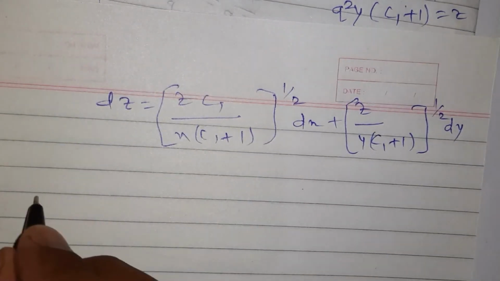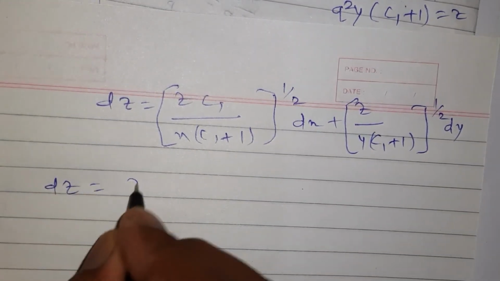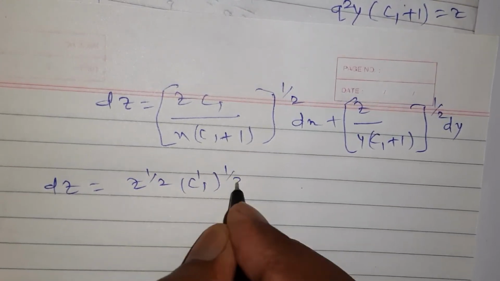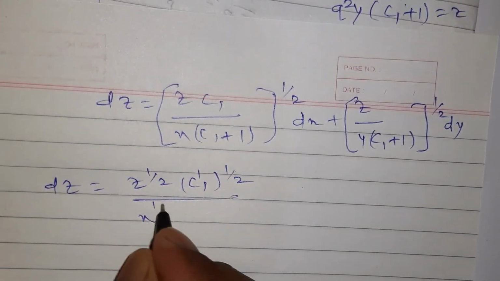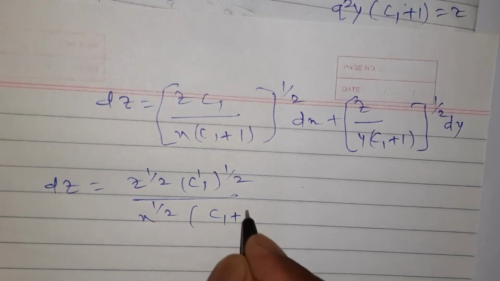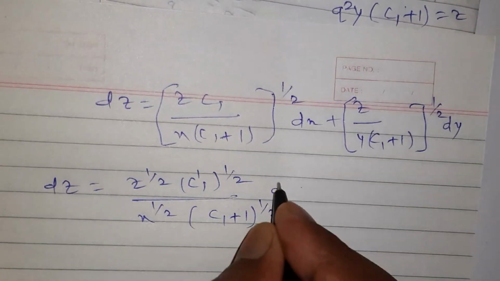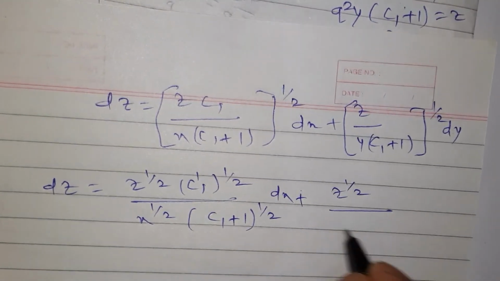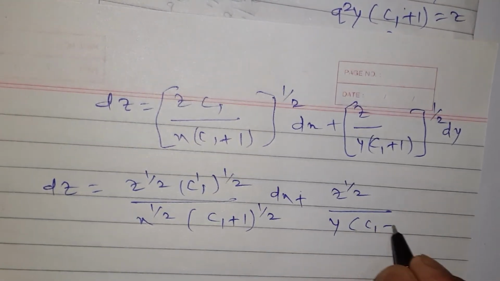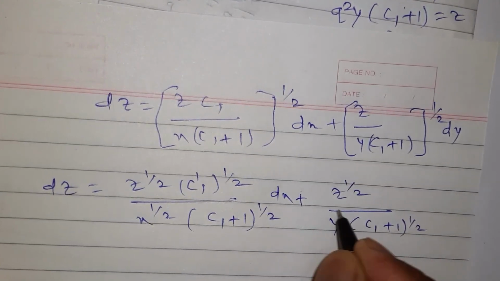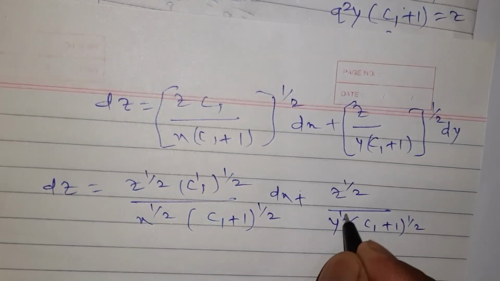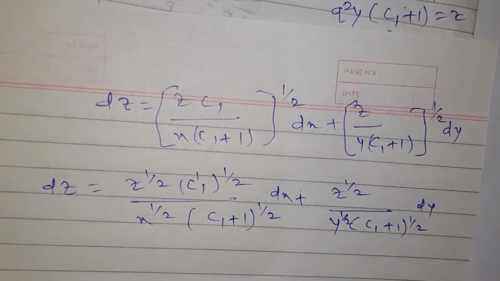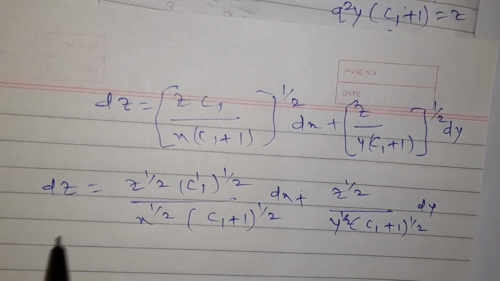Or I may extend one step here: dz is equal to z raised to half c1 raised to half upon x raised to half c1 plus 1 raised to half dx plus z raised to half upon y c1 plus 1 raised to half, y raised to half dy. Everywhere we just write down half only, right? Now take z raised to half common and transfer to LHS.